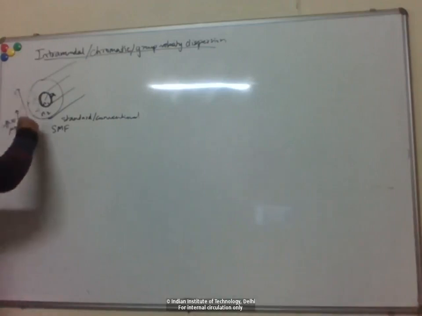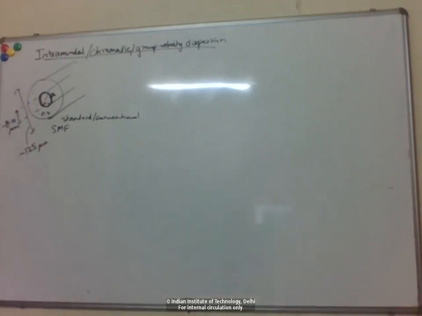Okay, and then you have a cladding diameter of about 125 micron. But anyway, that's immaterial because we take the cladding to be infinite, because this is big enough that the mode has decayed to 0, so it doesn't see the edge of the clad.